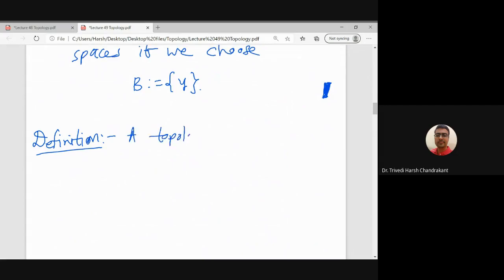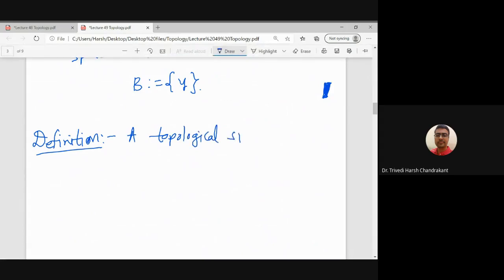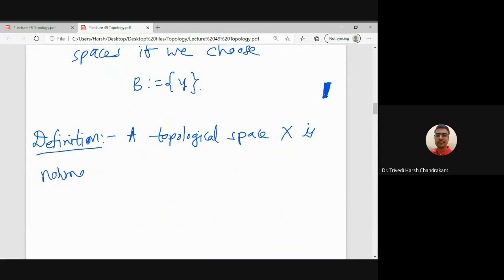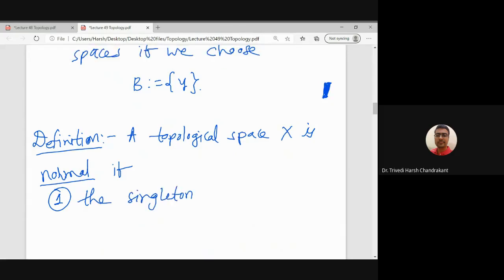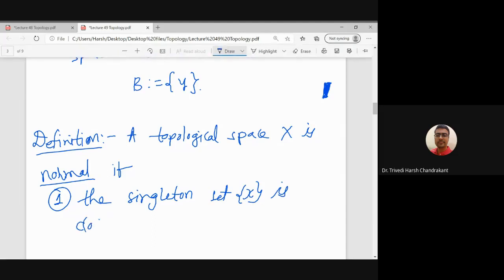A topological space X is called normal if the singleton sets are closed for each x in X, right?